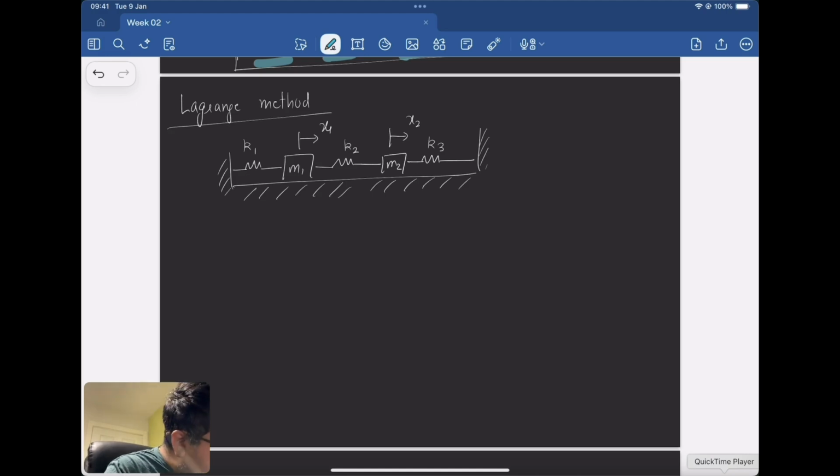So that gives us some idea of the relative motion between the two bodies. What is the relative distance between M1 and M2?